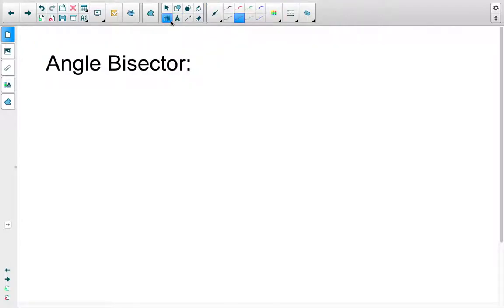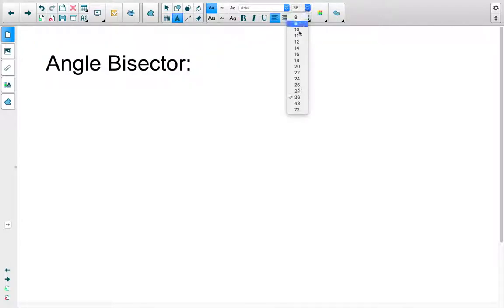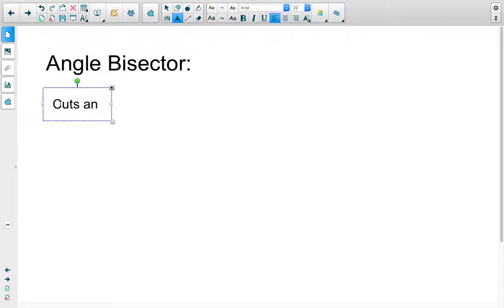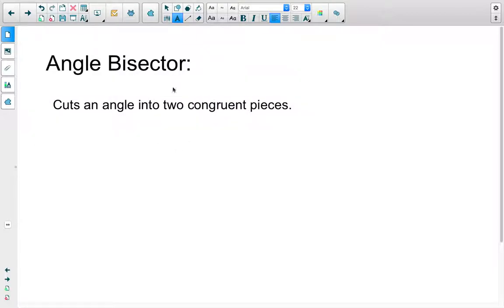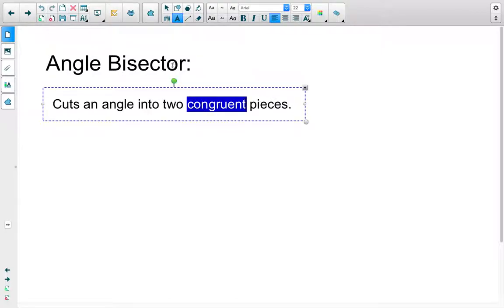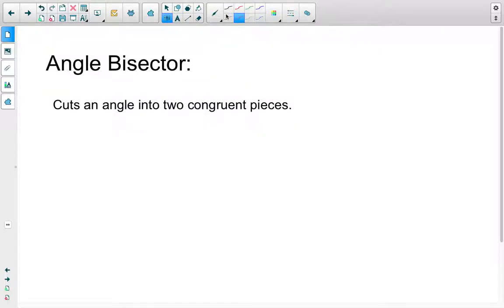What this does for us is it cuts an angle into two congruent pieces. And here's that word congruent again, meaning it cuts our angle into two, remember, bi, congruent pieces, sector, okay?